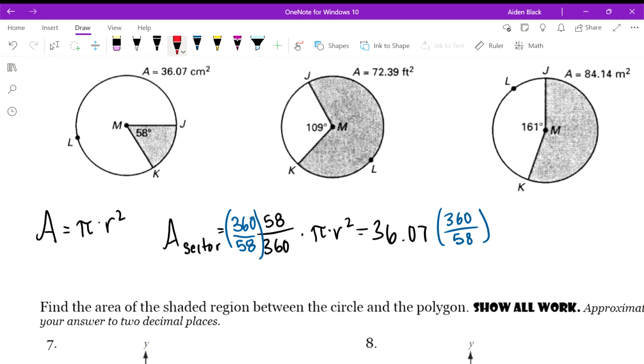Because 58 divided by 58 is 1, 360 divided by 360 is 1, so all we're left with is pi r squared, which is the area, which is equal to 36.07 times 360 over 58.